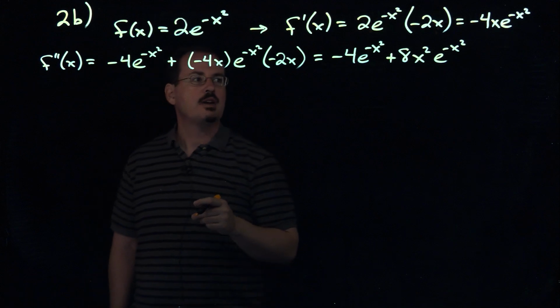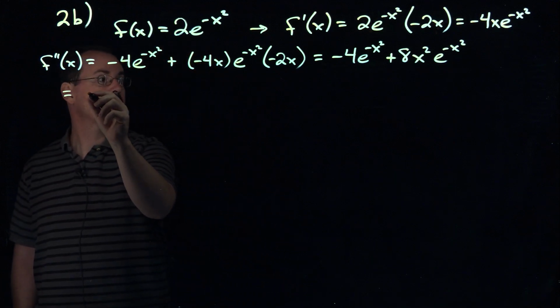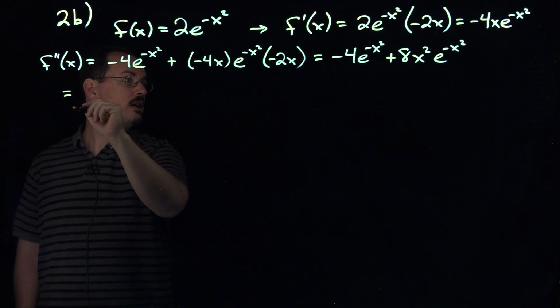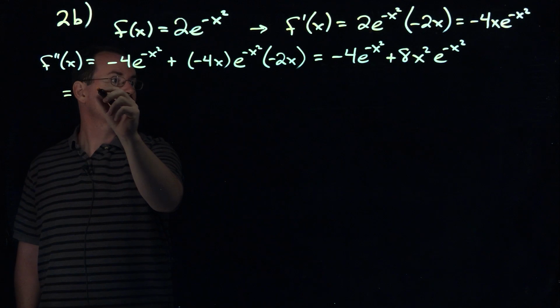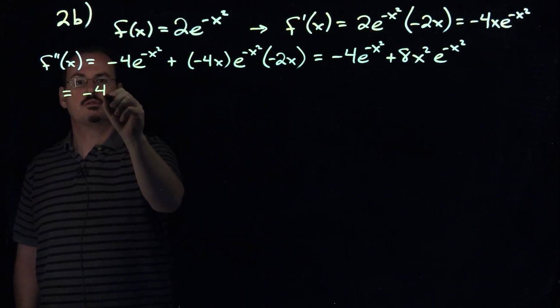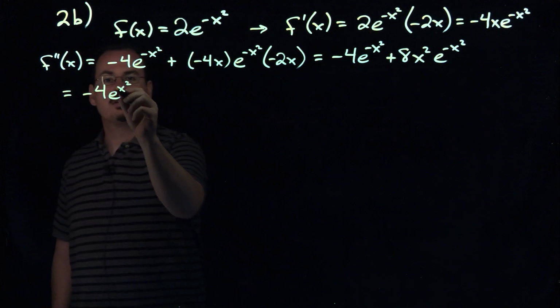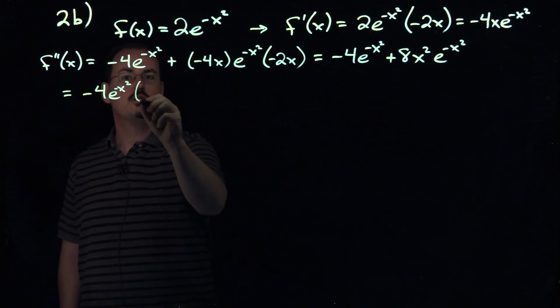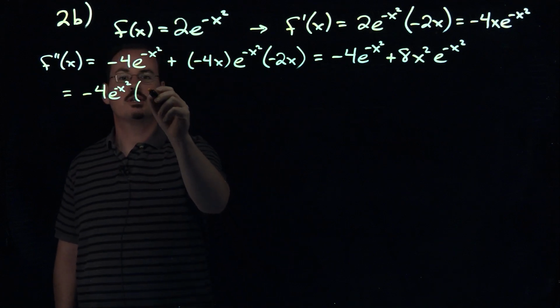Let's go ahead and actually factor out an e to the negative x squared out of that thing. In fact, we can factor out a 4 e to the negative x squared. Let's go ahead and factor out a negative 4 e to the negative x squared. And then when we do that, what are we left with when we factor that negative 4 e to the negative x squared out?